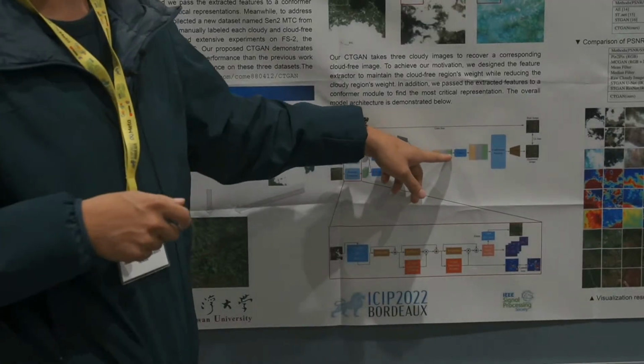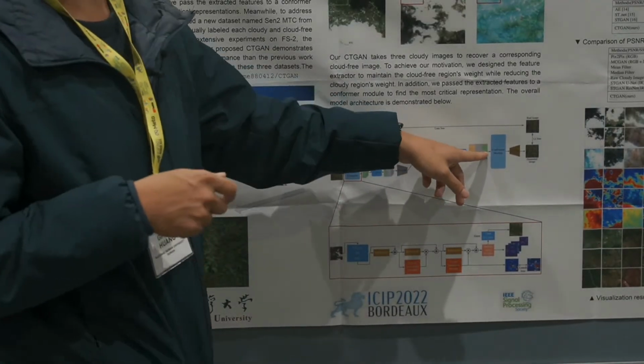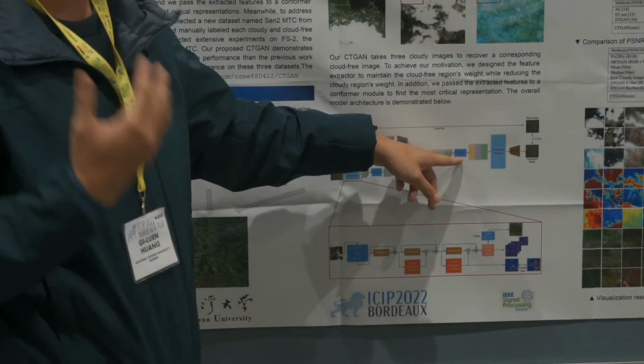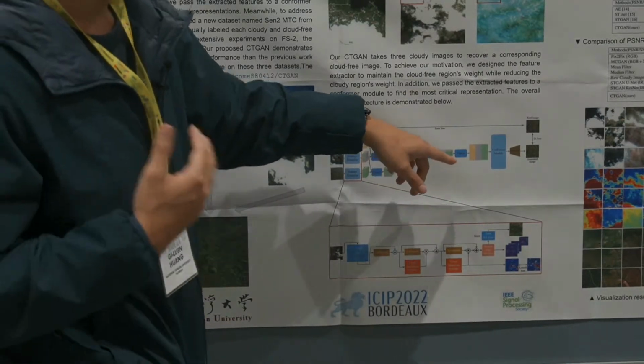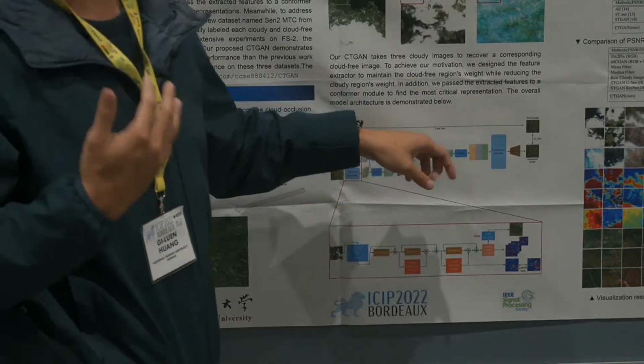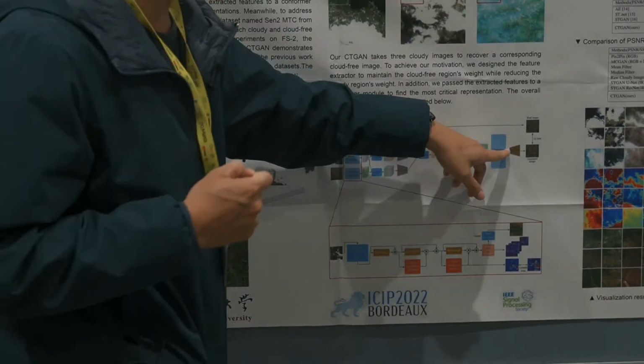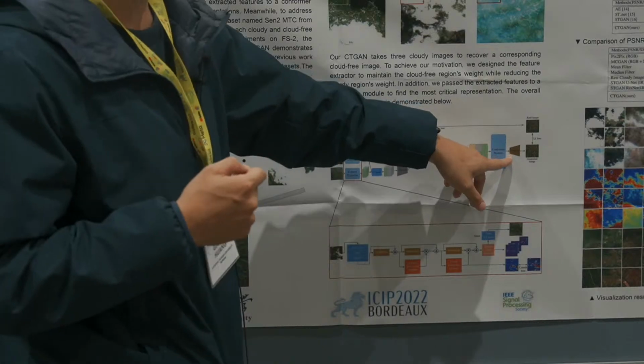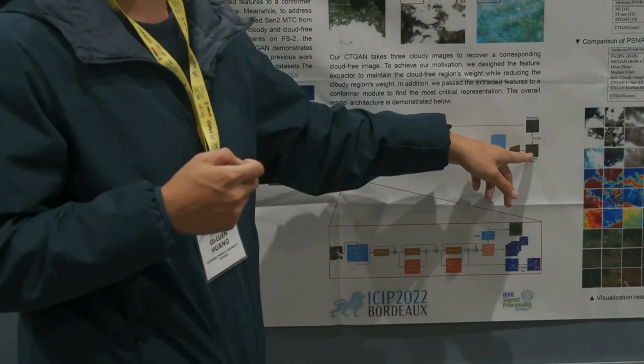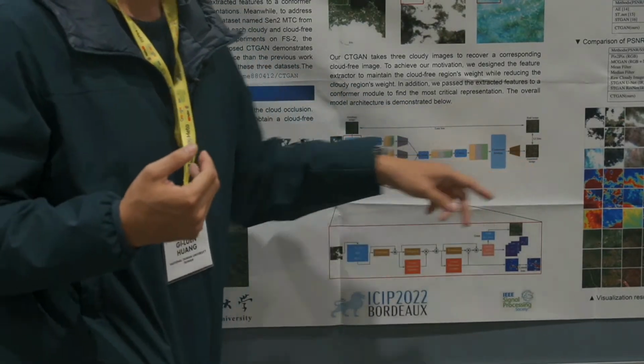Then this representation is fed into a transformer module to conduct an attention mechanism so the model finds the most critical representation in the temporal information. Then this representation passes through a decoder to generate the corresponding cloud-free imagery.